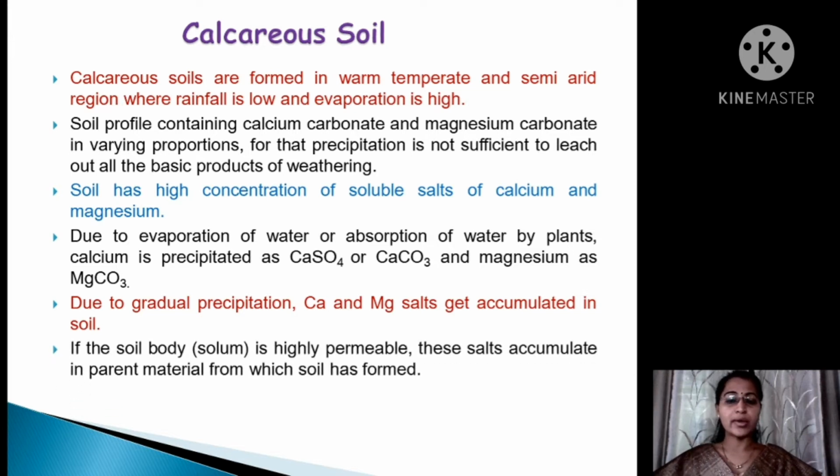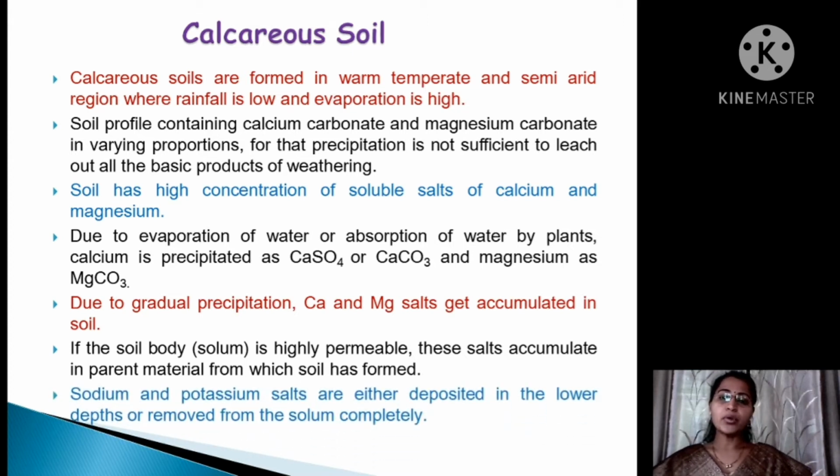And if the soil body is highly permeable, these salts accumulate in the parent material from which the soil has formed. Sodium and potassium salts are either deposited in lower depths or removed from the soil completely. Here we see how the normal soil is converted into calcareous soil.